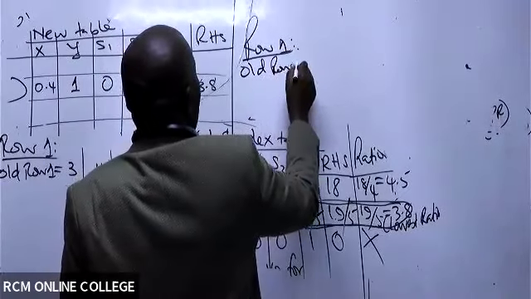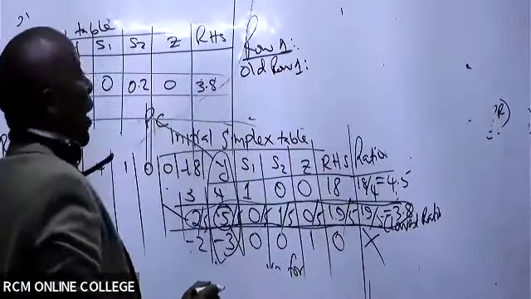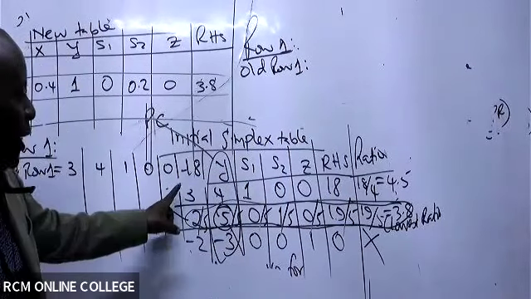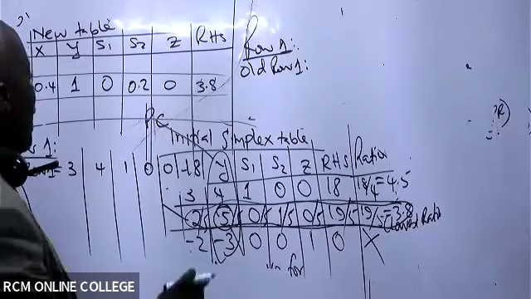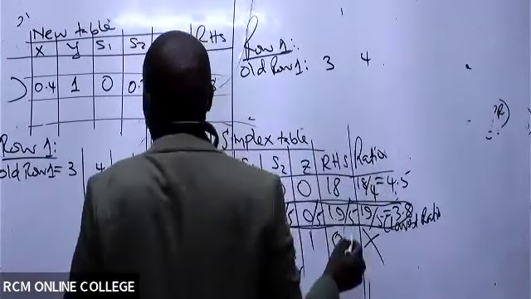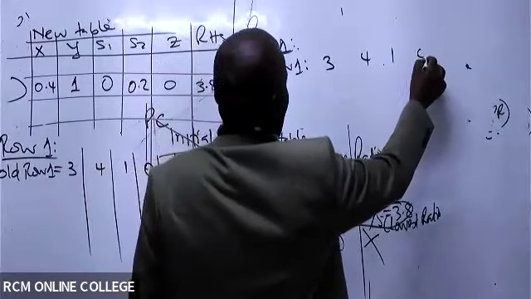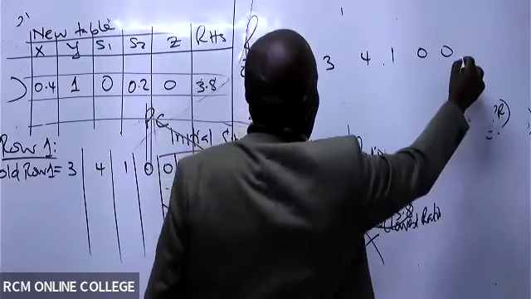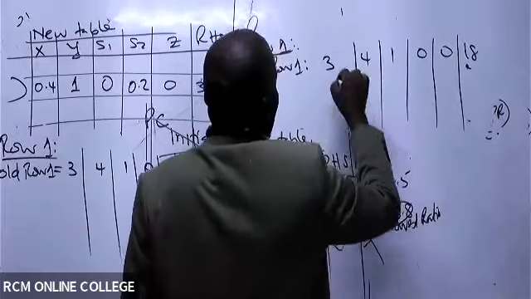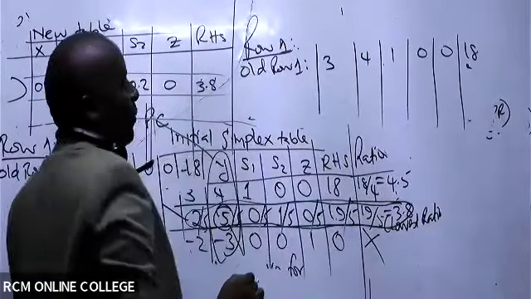We have the old row 1, and we copy these row 1 figures here: 3, 4, 1, 0, 0, and 18. We don't copy the ratios from one table to the other table.